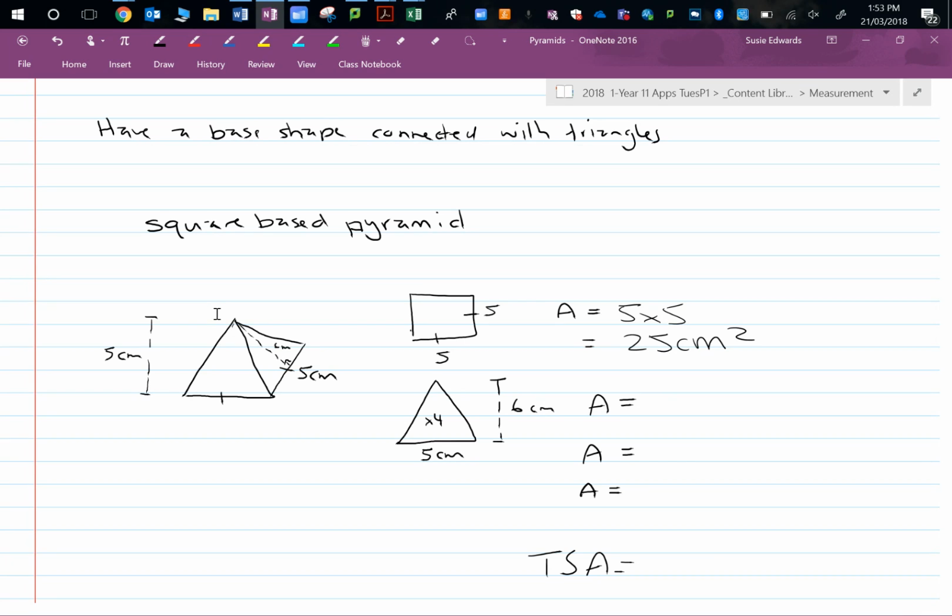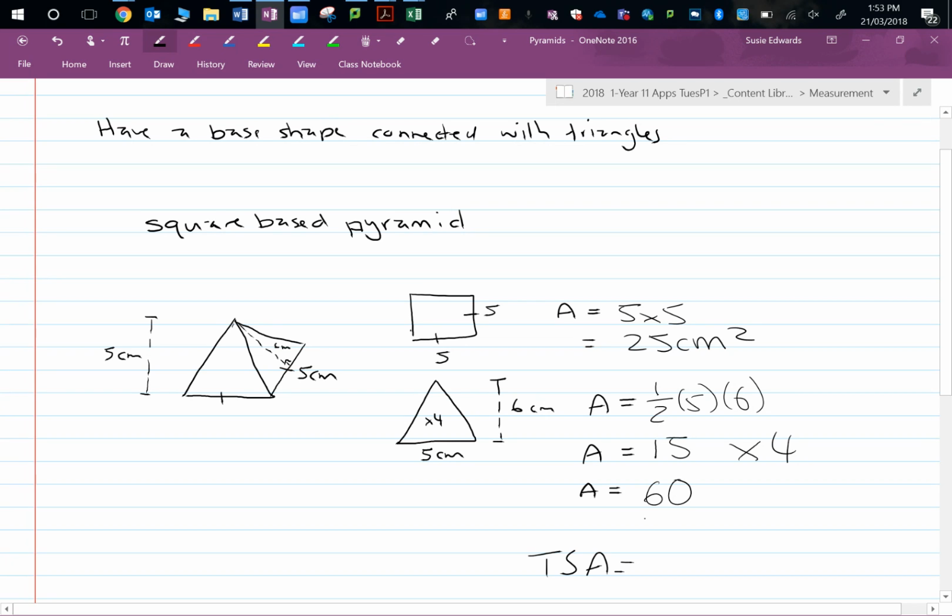So you need to be aware the height of the triangle might not be the same as the height of the actual pyramid, or probably smaller. So we have to look at it and go, okay, half base times height. So half times 5 times 6, which is the same as half of 6 times 5, so 15. And then we're going to times it by 4 because there are 4 triangles there.